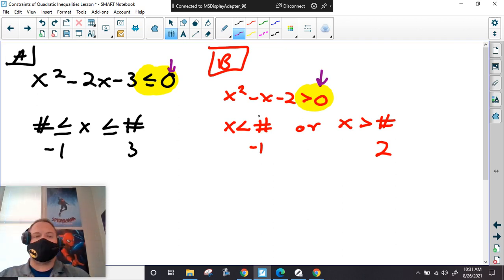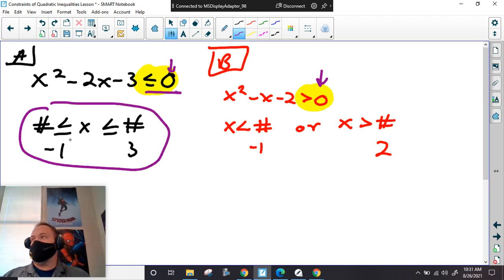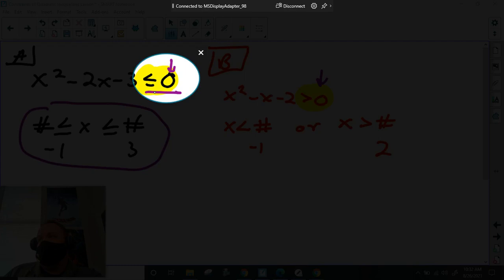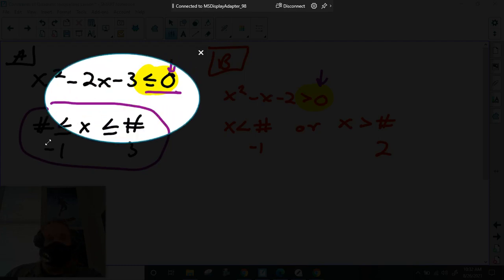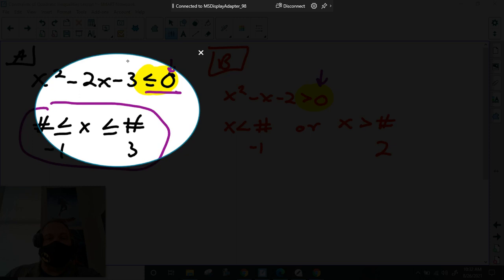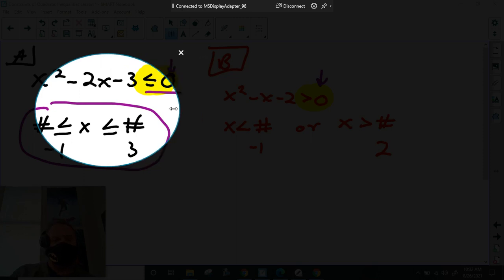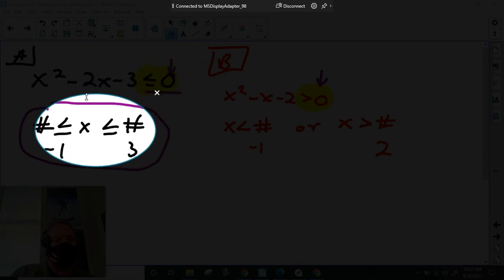So we can make a guess that if the alligator is eating the 0, it's going to look like this, where it's like a sandwich.